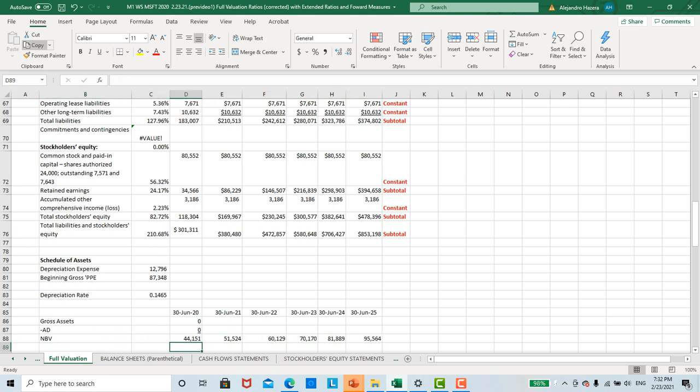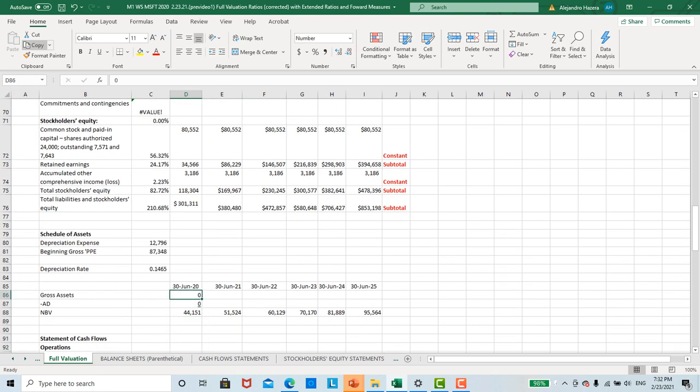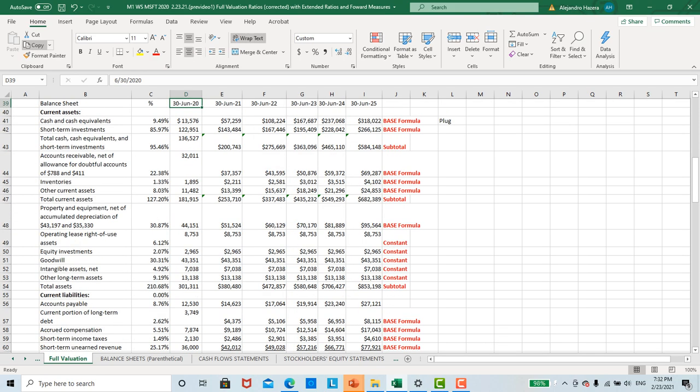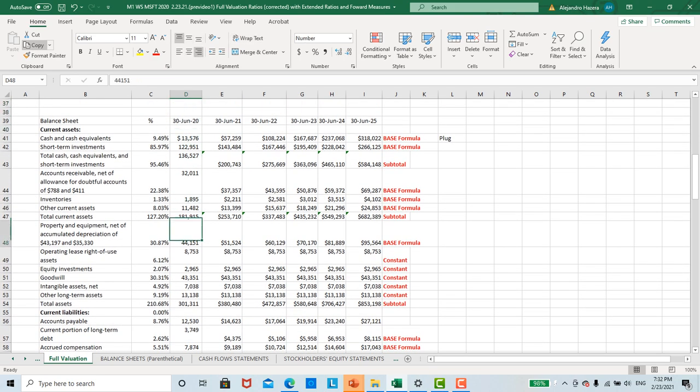Okay, the next thing I'm going to do is fill in the first year. We know that the gross assets are 87,438. And we also know that the accumulated depreciation, which is just the difference between the two numbers you've already seen, is 43,197 right there.